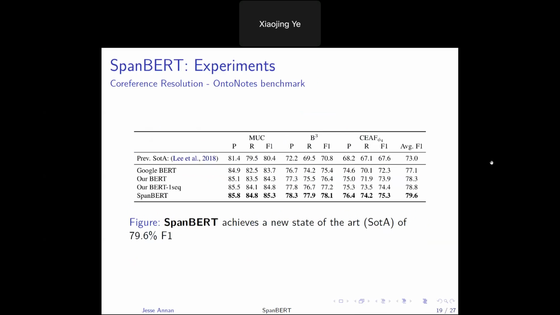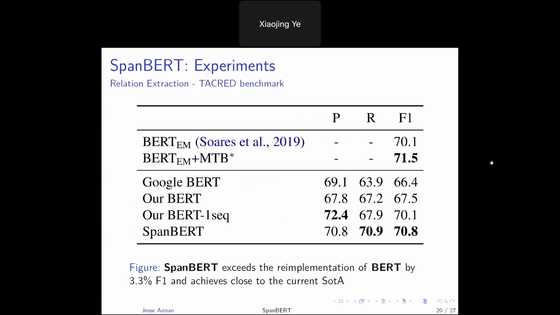But what they noticed is that SpanBERT performs exceptionally on these tasks because their pre-training model now has state-of-the-art results in Coreference Resolution tasks. And on the relation extraction tasks, these are actually the state-of-the-art results currently. And from the experiment, it outperforms BERT's performance, and they realized that it comes close to the state-of-the-art results in the BERT EM plus NTB.